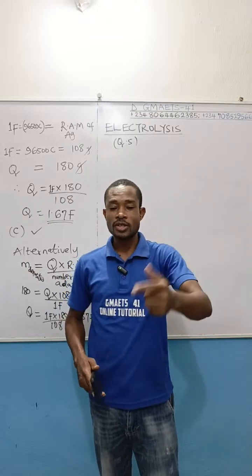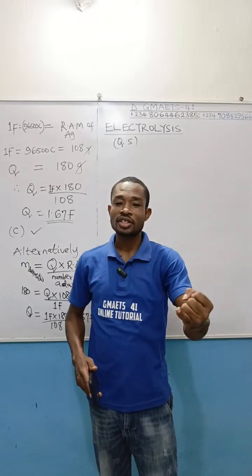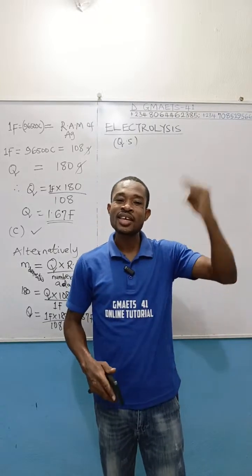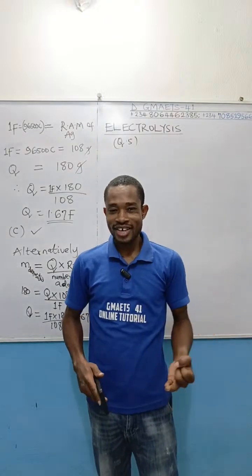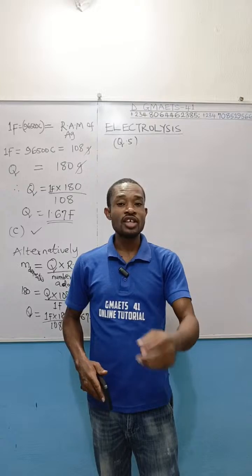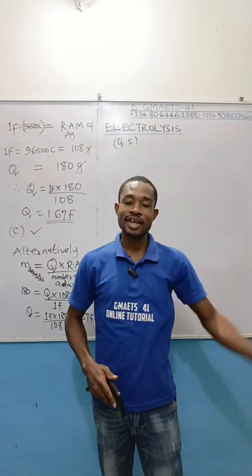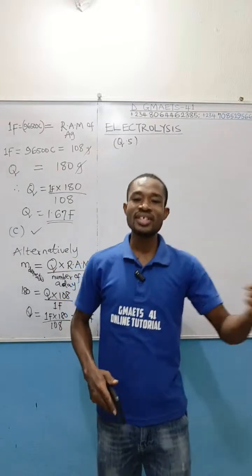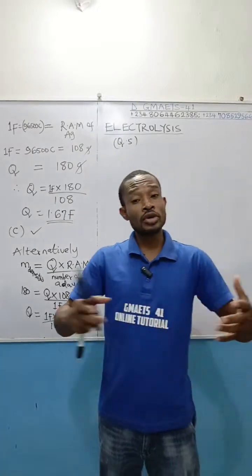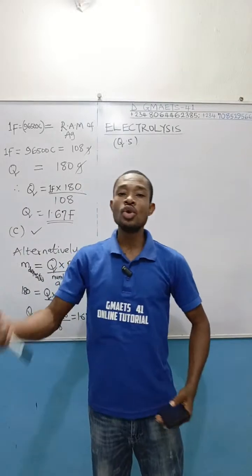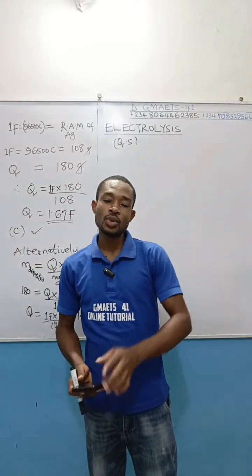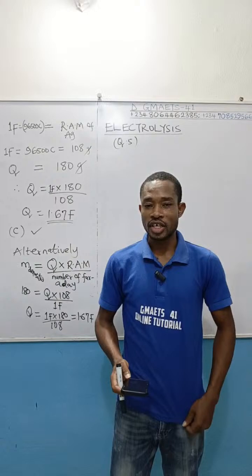During electrolysis, the cathode is negatively charged. Oxygen is a negative valence gas or element. Are you following, right? So if oxygen's valence is negative, there is no way it can migrate to the cathode, which already is negative. Negative will repel. So what happens is that oxygen will go to the anode, which is positive, while hydrogen will go to the cathode, which is negative.